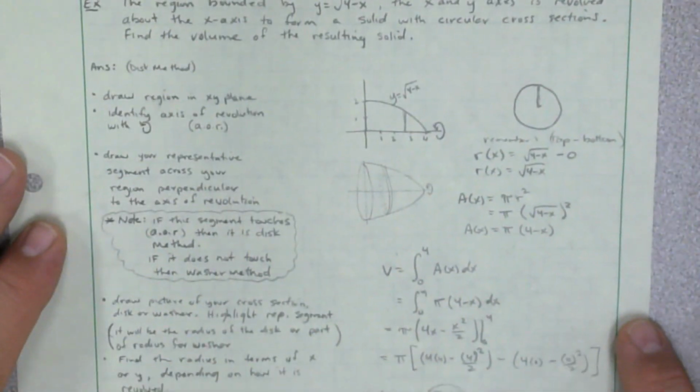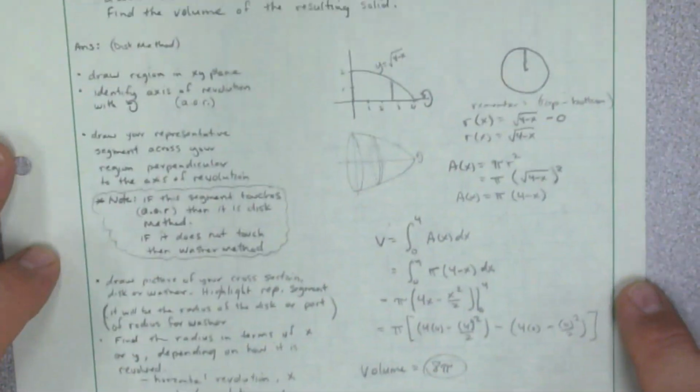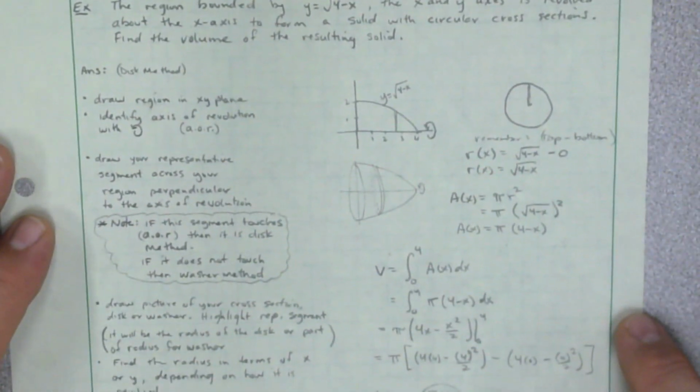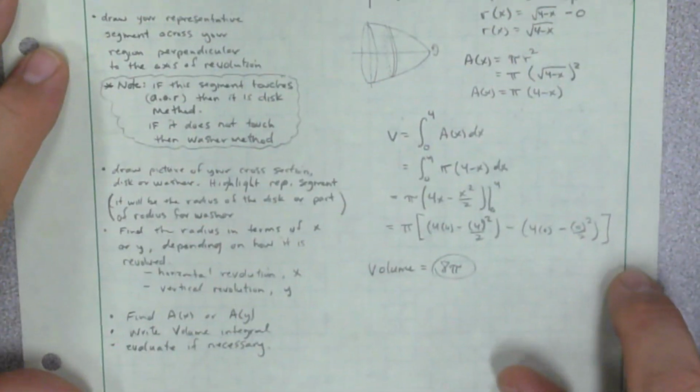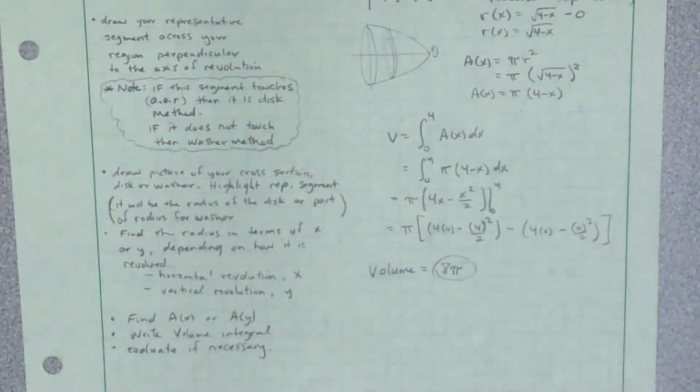So here's the problem. I'm going to do it twice. So pause right here, and then I'll move it up, and you can pause again. And then moving it up for the rest.